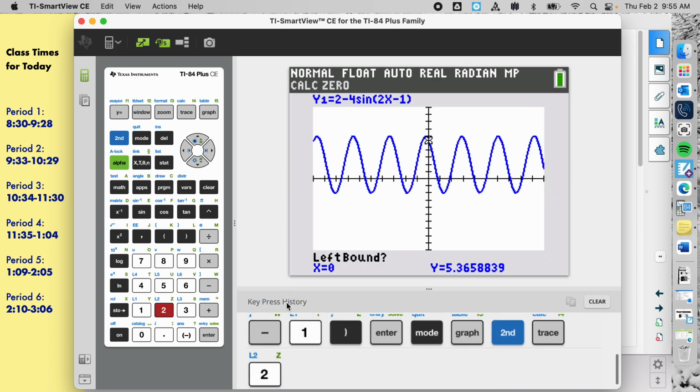Okay, now it tells us a bunch of stuff. Charlie, you're 27. What do I do now? Like it tells me left bound. What does that mean? Can you just tell me what to do from here?